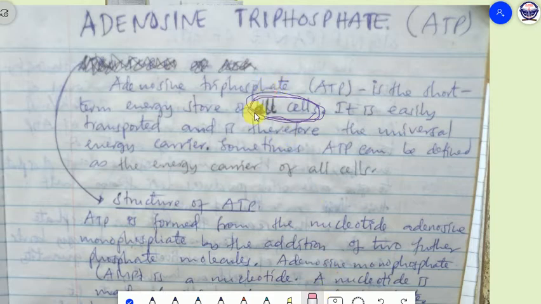Some of the processes are passive and do not require ATP, but some of the processes are active. That means they require the use of energy.